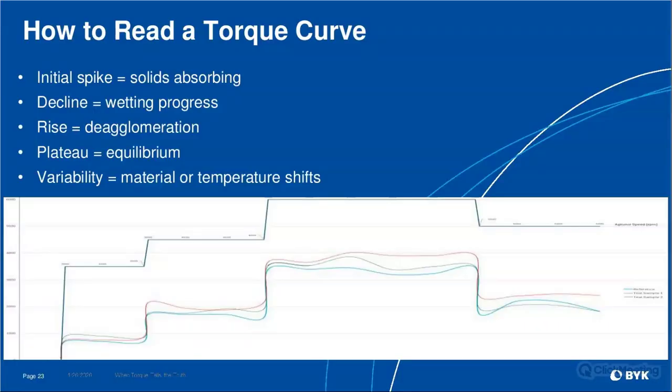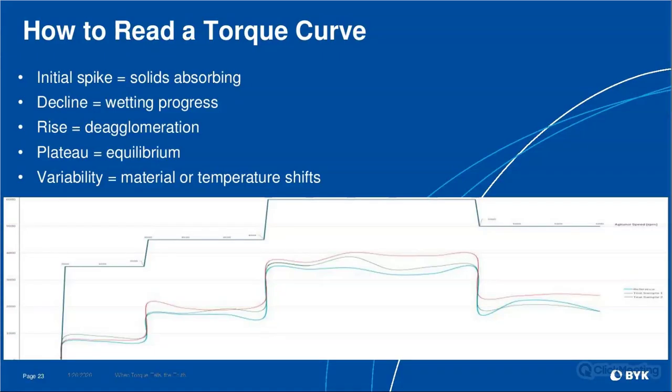So looking at this graph here, most of these are, I would say, pretty stable from a processing point of view. We do have a couple of lines that came across some difficulties there, right there in the dispersion phase, and that's typically when we don't have complete deagglomeration.